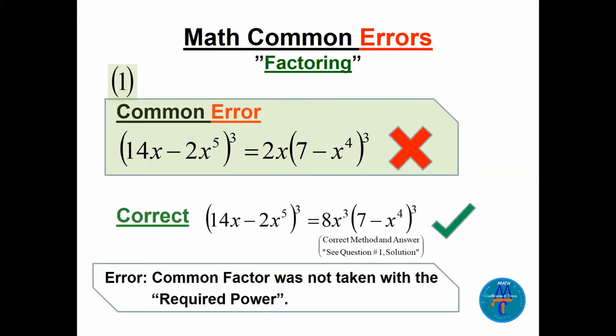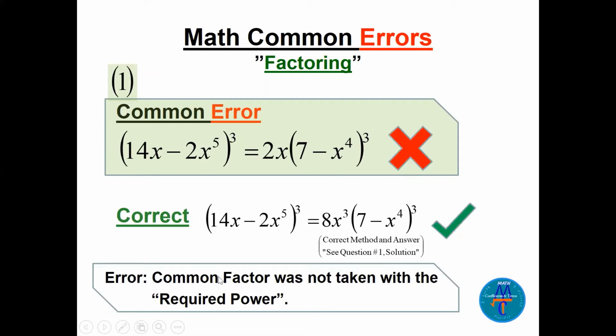If you take it out, what's left is 7 minus x to the power 4, all cubed. That's completely wrong. Now the correct answer will be 8x cubed, and inside the bracket, 7 minus x to the power 4, all cubed.